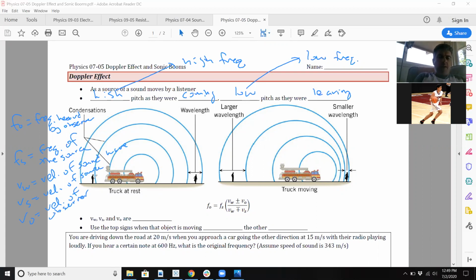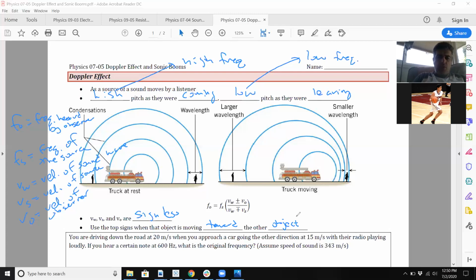We assume that VW, VS, VO are signless, so you don't worry about positive or negative. And you use the top sign when the object is moving towards you, or towards the other object, when things are getting closer.